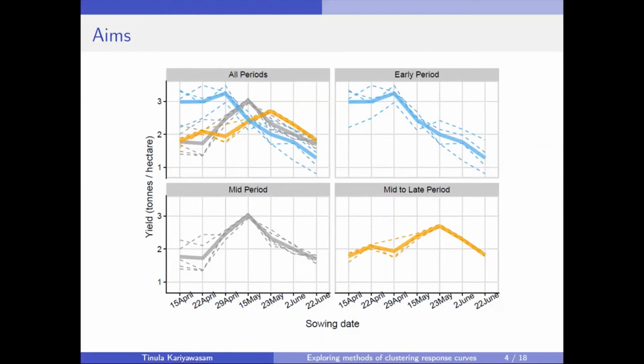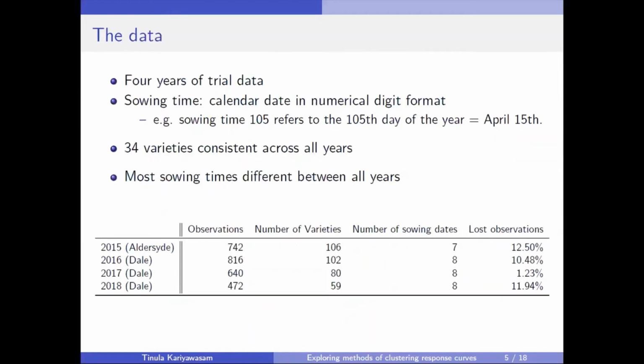So working with wheat variety and grains data was a unique experience, to say the least. It was fun at times, a bit of a struggle at times as well. So Deepa gave us 4 years of data. I think it was from 2015 to 2018, right?